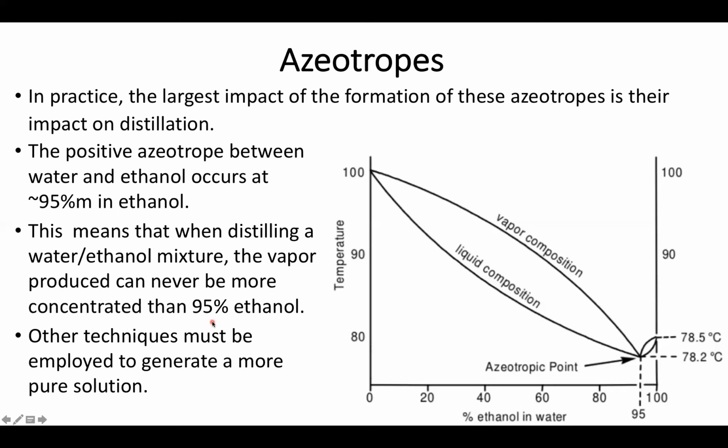You either have to use some sort of substance that will dehydrate the solution, so it will suck up the water, or more commonly, you find a way of manufacturing ethanol that doesn't produce water. And this is one of the reasons why if you ever find alcohol that is more than 95% ethanol, never ever drink it, because it almost always has impurities, because you can't get it from simple distillation.